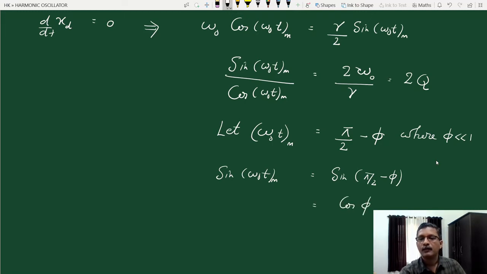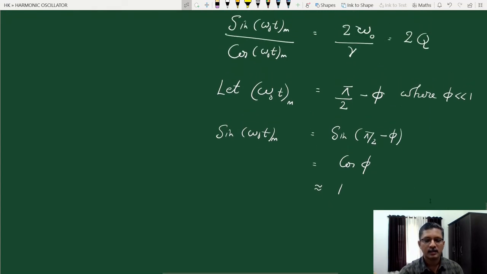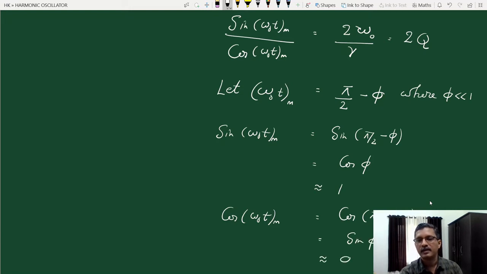When phi is very small, this is approximately 1. We know that when phi is very small, cos phi tends to 1. So the numerator becomes 1. What about the denominator? The denominator is cos omega 0 t m, equal to cos of pi by 2 minus phi, right? Cos of pi by 2 minus phi is sin phi, and when phi is very small, sin phi is approximately phi.